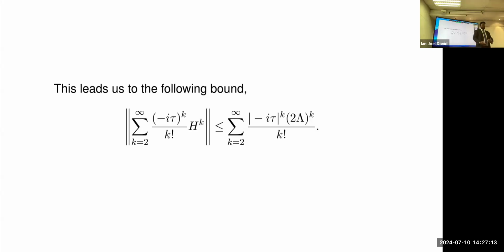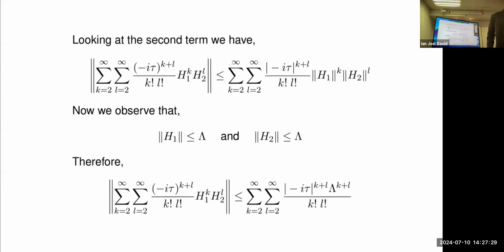So if you want to bound the norm, it should be bounded above by some number, not by operators. So we're happy. Now we have a somewhat straightforward sum to work with, okay? This leaves only the second term that we didn't study. So let's go in and try to bound the second term, okay?